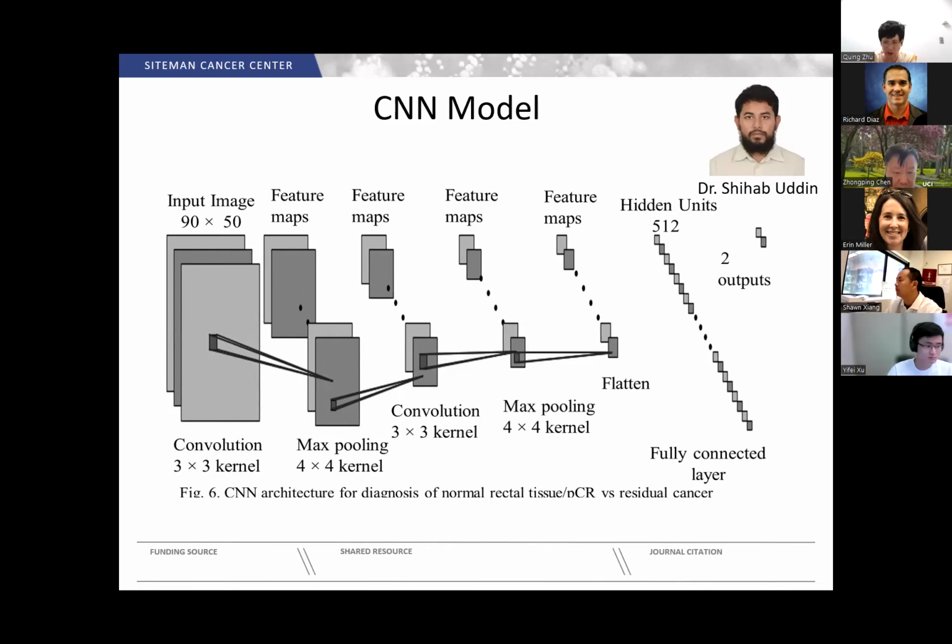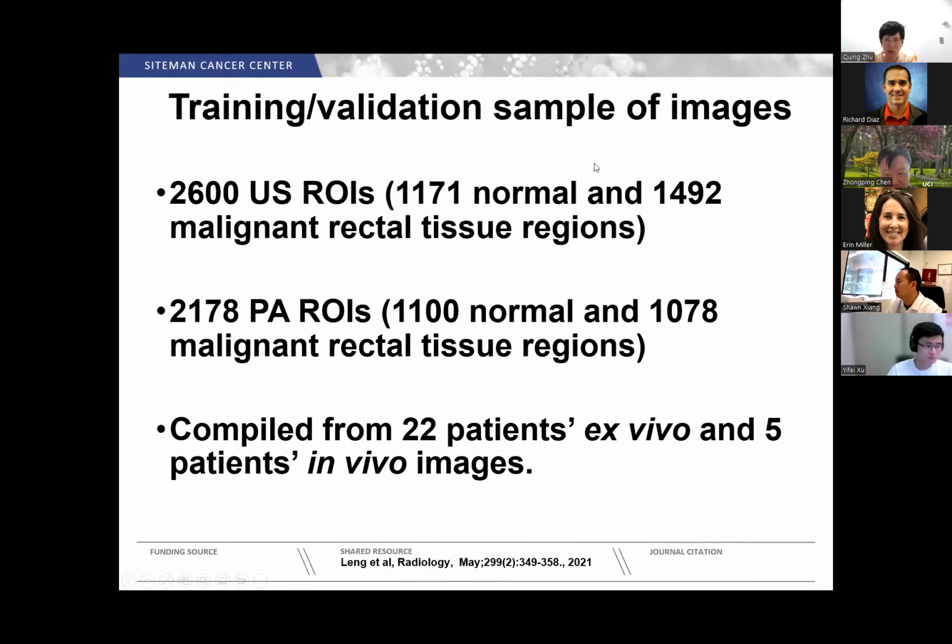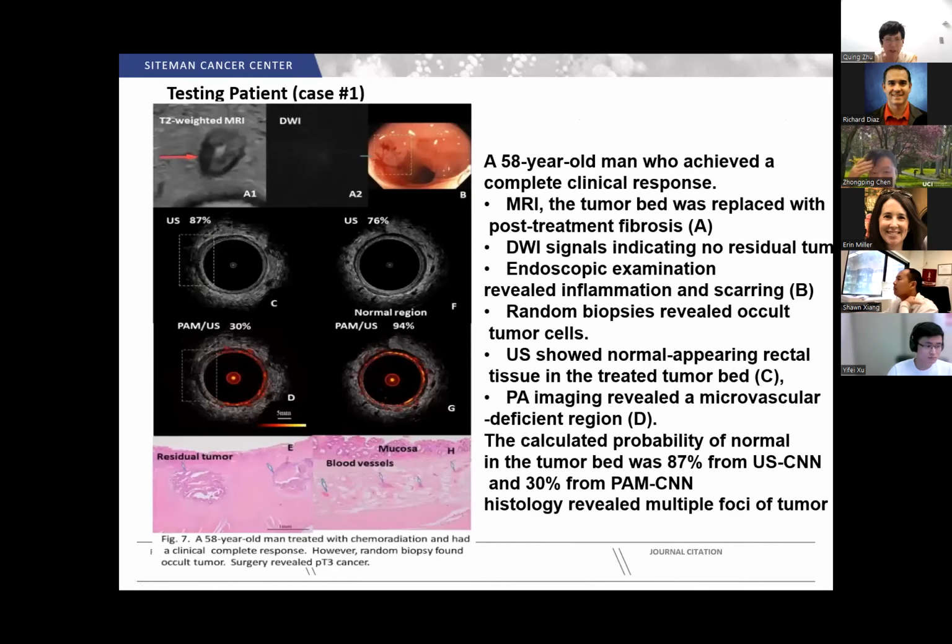So this is our thinking, and it turned out that after training and the initial evaluation, the deep learning works. This is our training set, with several thousand regions of interest cropped from ultrasound and from photoacoustic imaging, from the ex vivo patients, and also 5 in vivo patients for training.